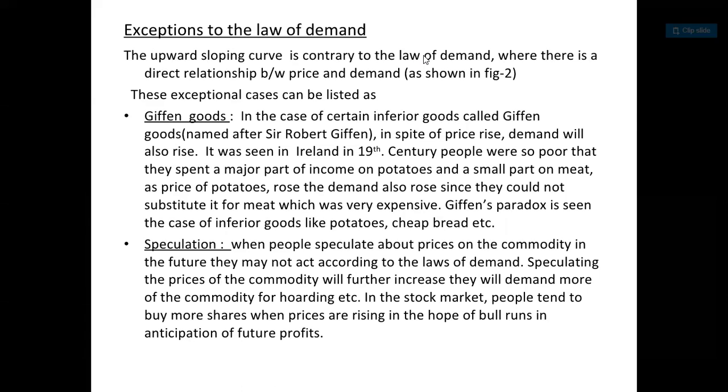For example, in our country, it is often seen that when the price of a coarse cereal like jowar and bajra falls, the consumers have a tendency to spend less on them and shift over to superior cereals like wheat and rice. This phenomenon, popularly known as Giffen's Paradox, was first observed by Sir Robert Giffen.